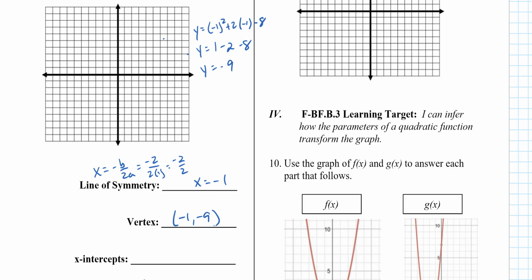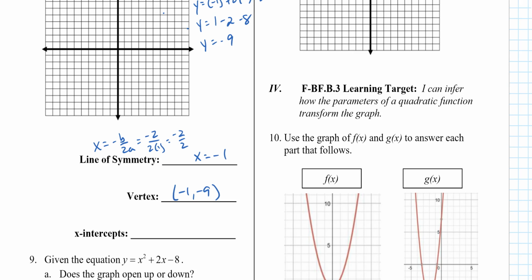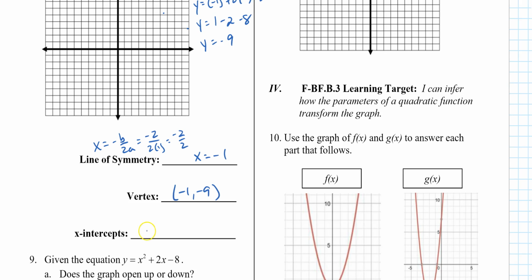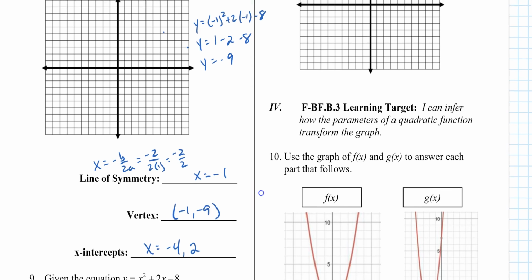And then my x-intercepts, I'm actually just going to go to my graph for the x-intercepts. There's my function, x squared plus 2x minus 8. My x-intercepts are at -4 and positive 2. And so I can graph everything.